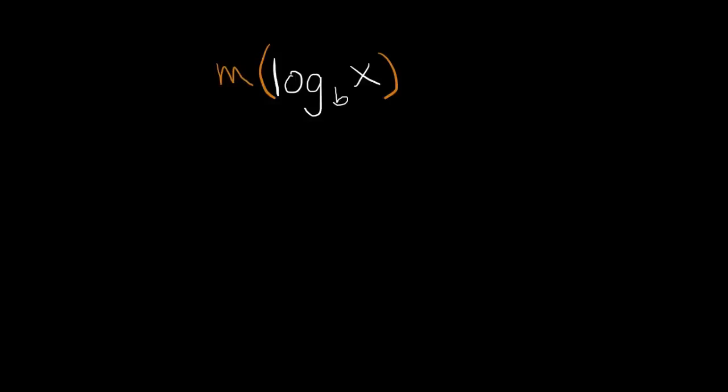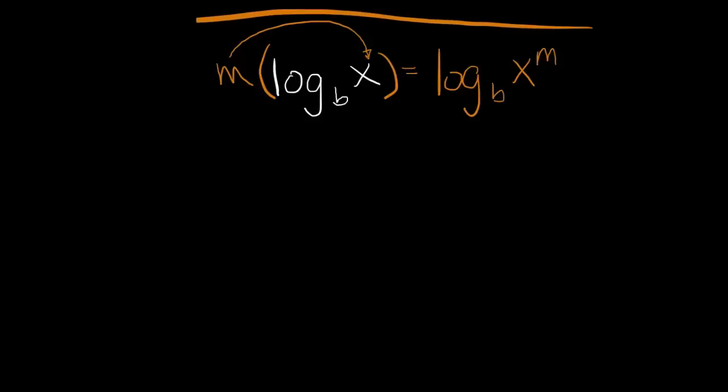Something that you can do with this, especially when you're solving equations, is to actually change the m into the exponent on x. So basically, I took this m, moved it up here to be an exponent. That's a very odd rule, but it has a lot to do with exponent rules. I don't know if you've noticed, but we've actually been doing the inverse of exponent rules. So there's our third property.